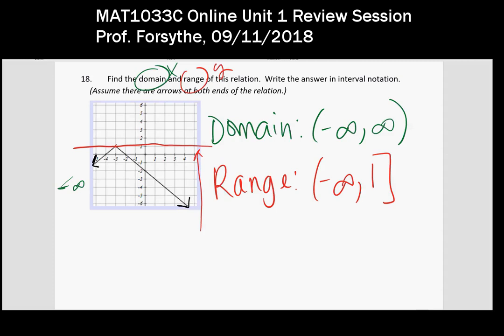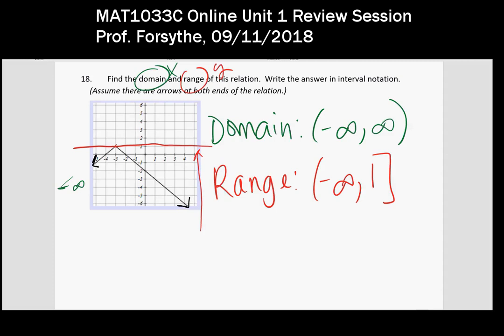Your domain is all of your possible x values on the entire graph, not just where it crosses the x-axis. Those are x-intercepts, but they're asking you for the domain, all the possible x values. So -4 and -2 are a part of your domain, but that's just those 2 points.